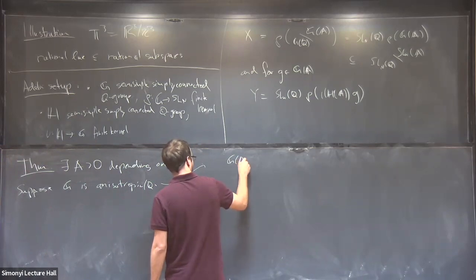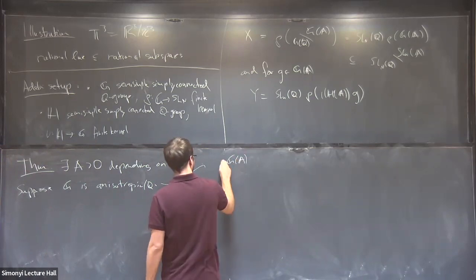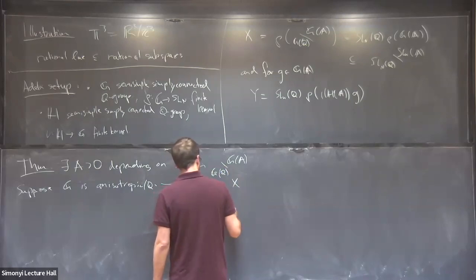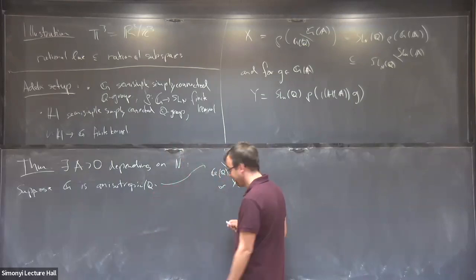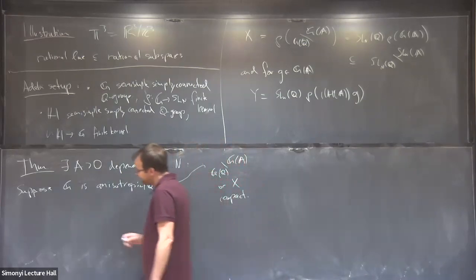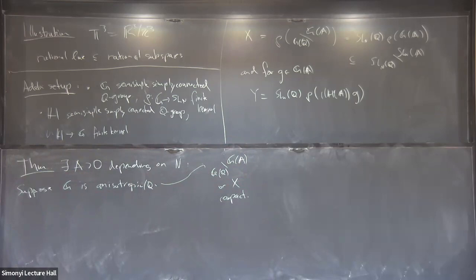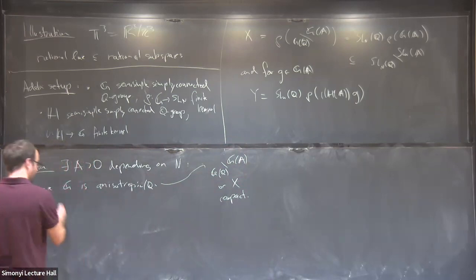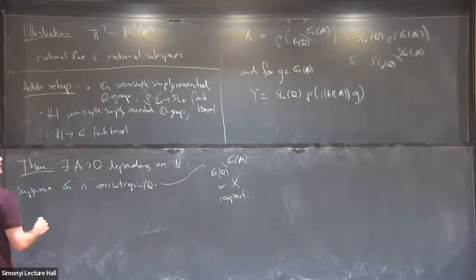This adelic portion or X there. It's actually compact. So we just don't want to think about the cost. All right. So I'm assuming G is an isotropic, and then what?